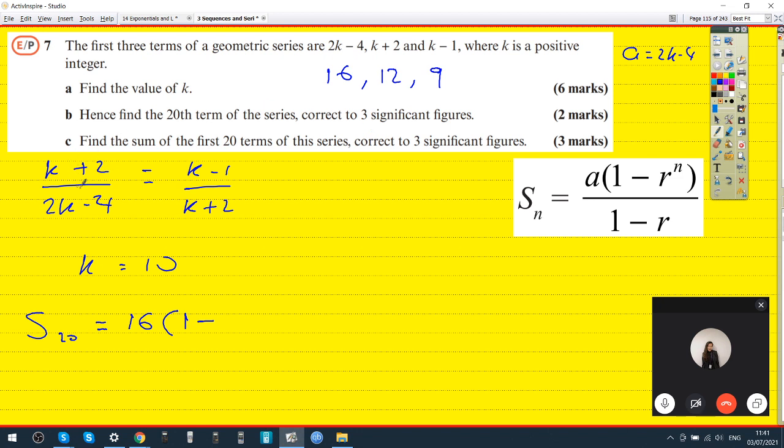It's basically you sub it into one of these up here. 3 over 4. 3/4, that's it. So let's do 0.75 to the power of 20 over 1 minus 0.75, and then you just put it on the calculator.